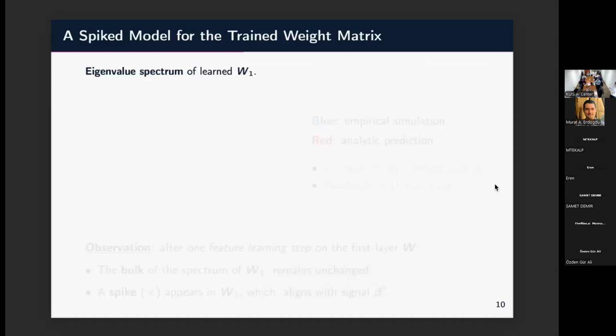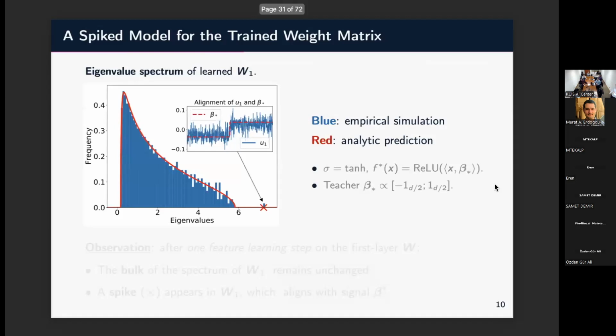I'm just going to look at the eigenvalues after taking one gradient descent iteration. Here's the problem setup. I have an activation that is tanh. The target is a ReLU of the inner product of x and beta star, and beta star, which is unknown, is proportional to -1 on the first half and +1 on the second half, normalized to have unit norm.